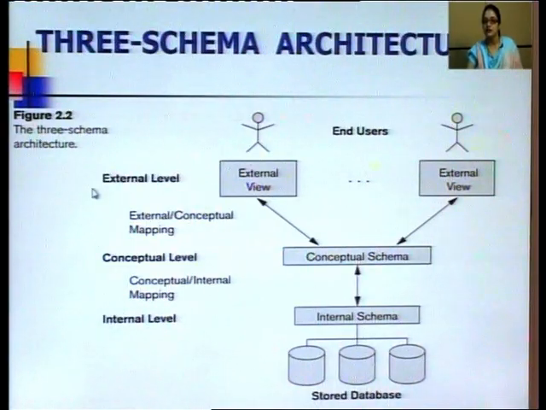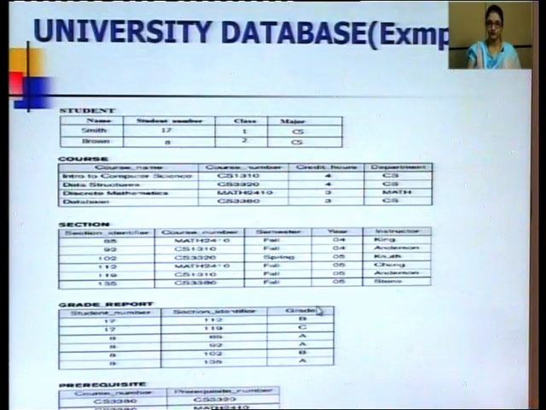It comes at the external level. So the mapping between external and conceptual schema is known as external to conceptual mapping, and the mapping between conceptual and internal schema is known as conceptual internal mapping. This is the example.